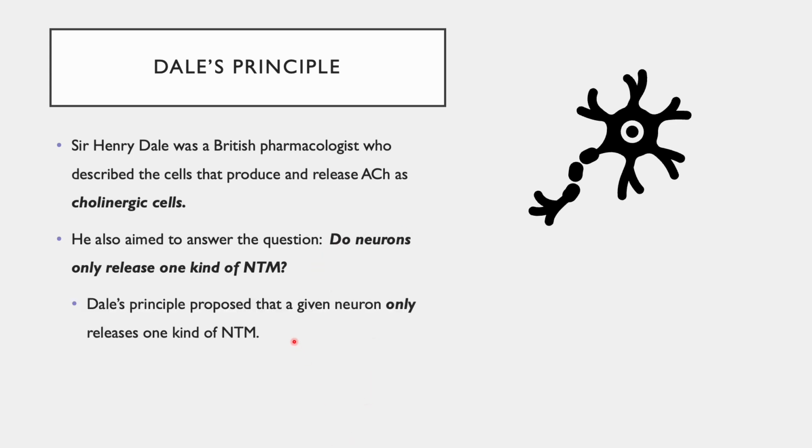And his principle proposed that a given neuron only releases one kind of neurotransmitter. However, this is false, because although there are some neurons that do produce high levels of choline or serotonin, they are also typically playing a role in the secretion of other types of neurotransmitters.